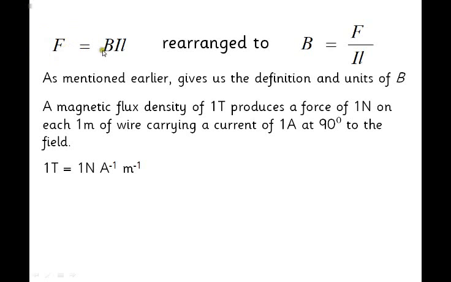If we rearrange F equals BIL to B equals force divided by the current divided by the length, this gives us the units for B quite nicely, which is the Tesla, and the Tesla is a magnetic flux density of 1 Tesla produces a force of 1 Newton on each 1 metre of wire carrying a current of 1 amp at 90 degrees to the field. So you can see that the units for the Tesla are newtons per amp per metre.